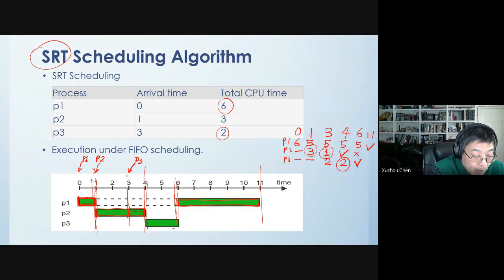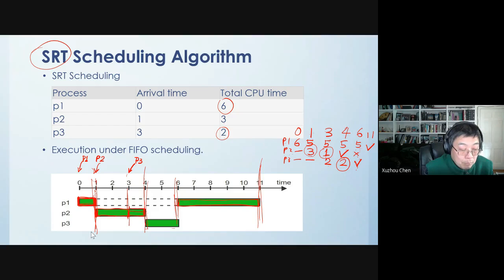So even though we say all these 3 cases, FIFO, shortest job first and SRT, eventually have the same total actual CPU time, they are not always the same, because it depends on how frequently they do the context switching. But they are the same if we assume that the context switch time is 0.